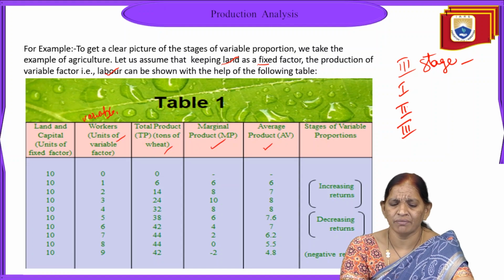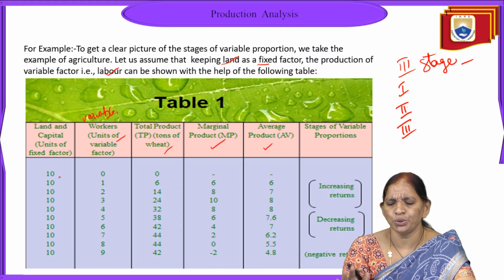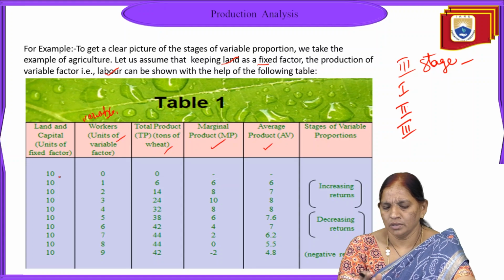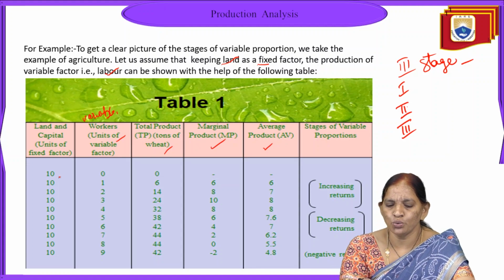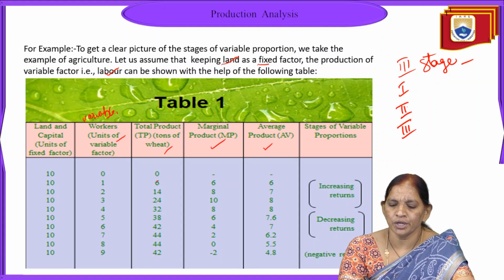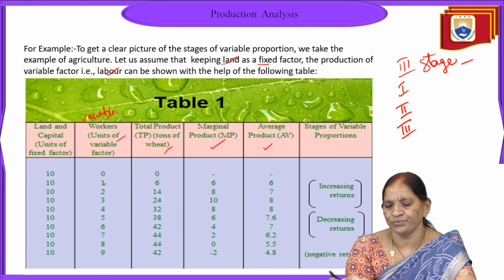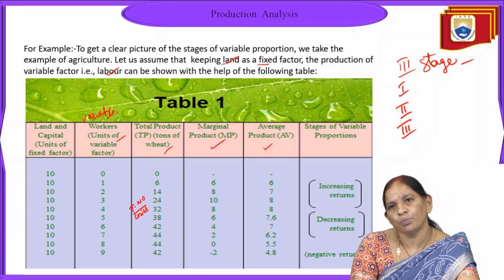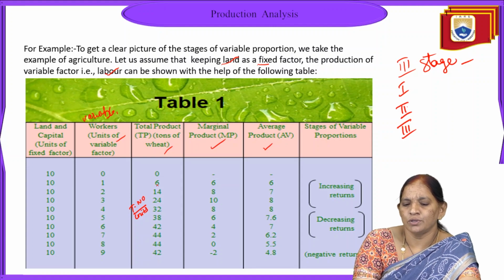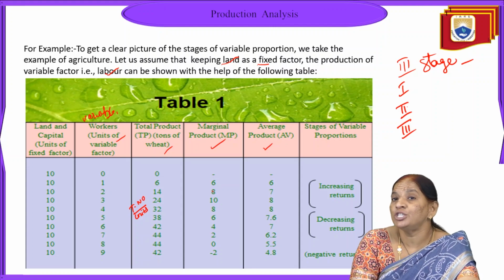For example, when 0 units of workers are there, we don't have any production. Then we identify the average as total production divided by the number of units.